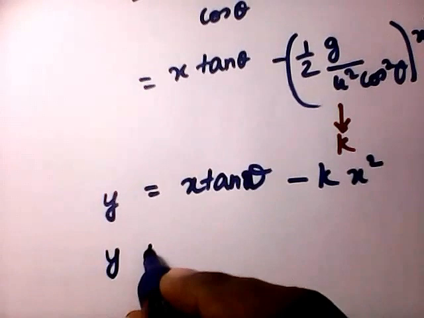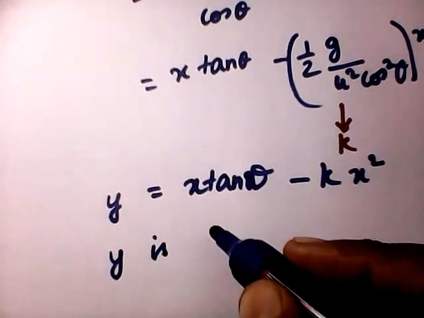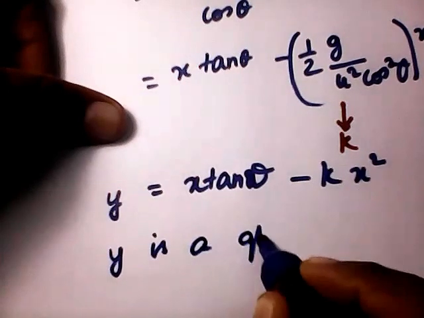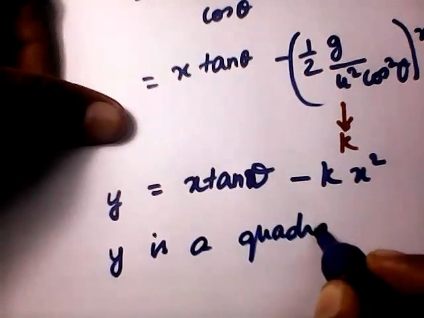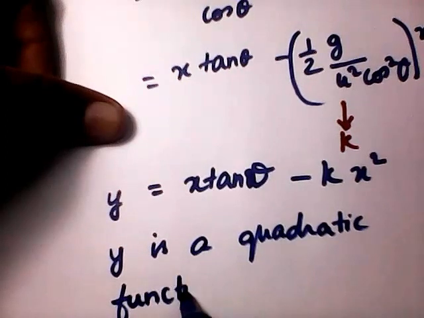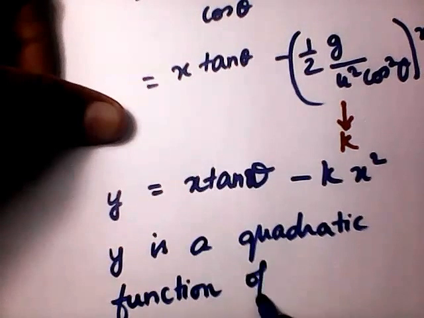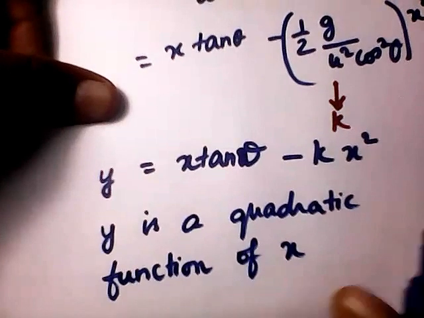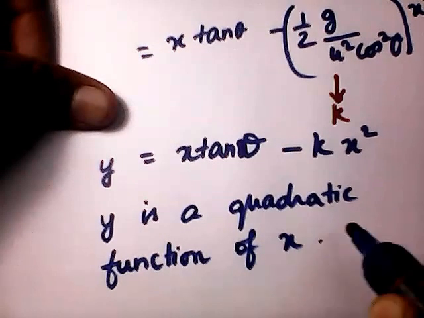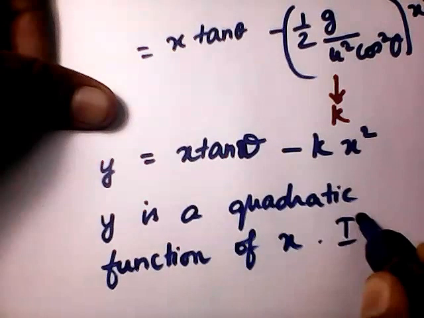Here y is a quadratic function of x. Y is a quadratic function of x, hence it is a parabolic function.